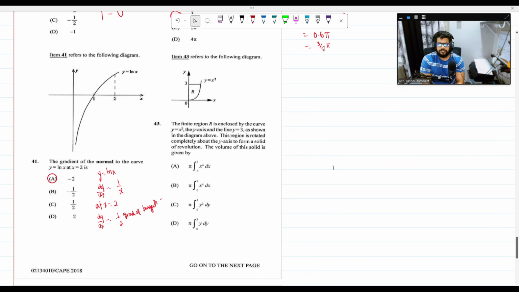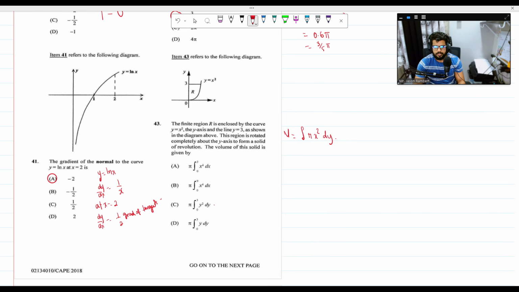Item 43 refers to the following diagram. The finite region R is enclosed by the curve y is equal to x squared, the y-axis, the line y is 3, and it is rotated completely about the y-axis. So when I rotate about the y-axis, the volume is going to be the integral of pi x squared dy.